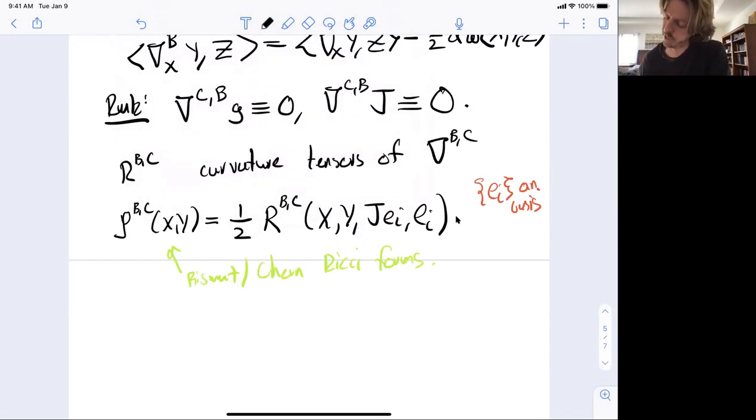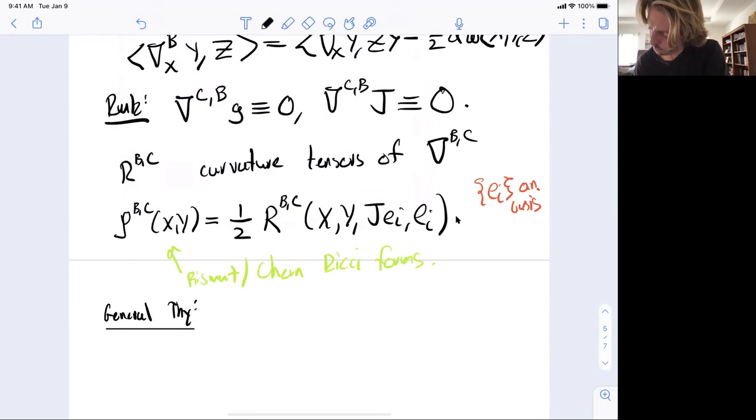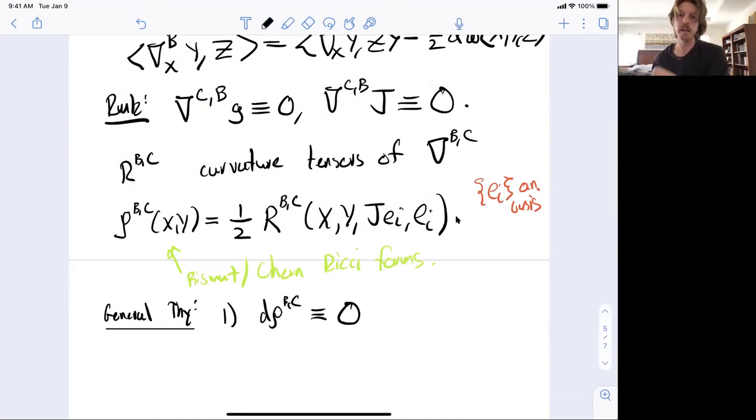Just by general theory, one can prove a few basic facts. One important part is that these are still closed. This is still just the Bianchi identity. These are still closed, but a subtle but important fact is the type consideration.